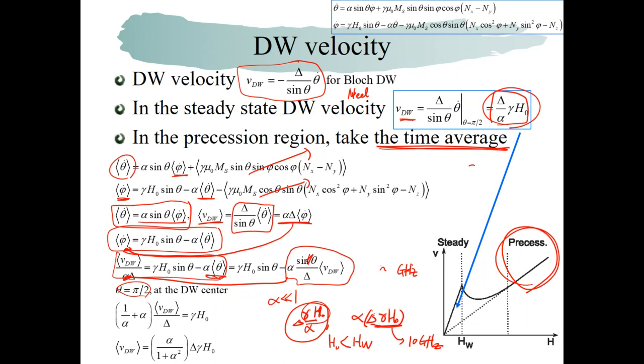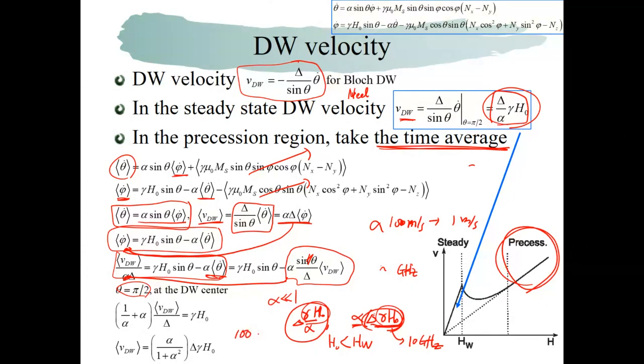So, as we already mentioned, this term gives us order of 100 meter per sec. But we have alpha here, so it gives us order of meter per sec. But in this case, alpha is in a denominator.